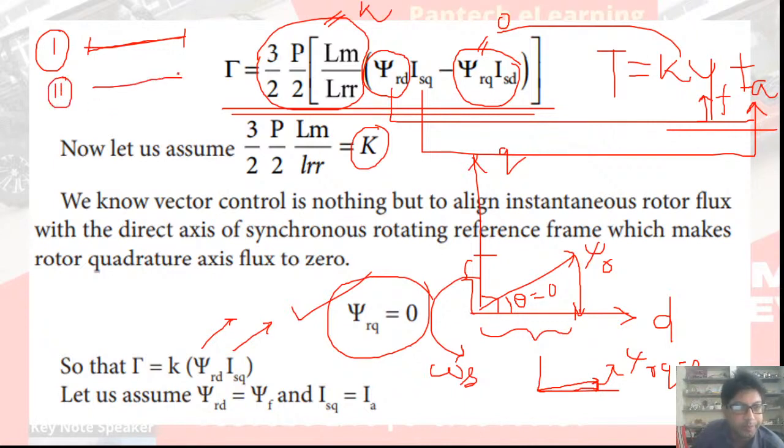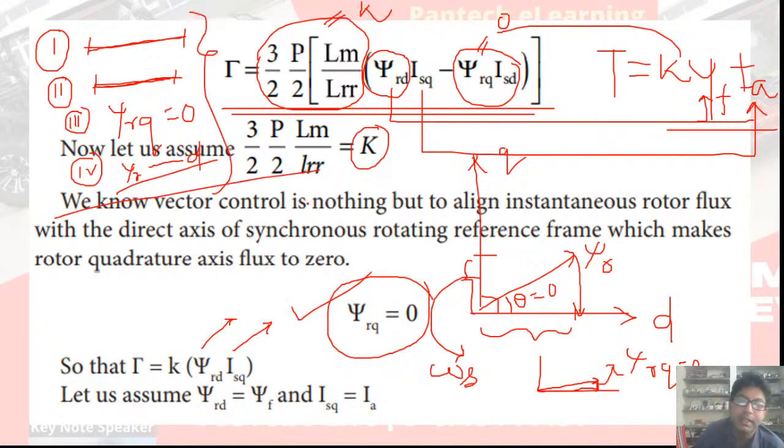To do so, I have to equate the instantaneous torque of the induction machine, which is identical to the torque equation of the separately excited DC machine. To do so, I have to make psi rq 0. To make psi rq 0, I have to align the rotor flux with the direct axis. This is called vector control.